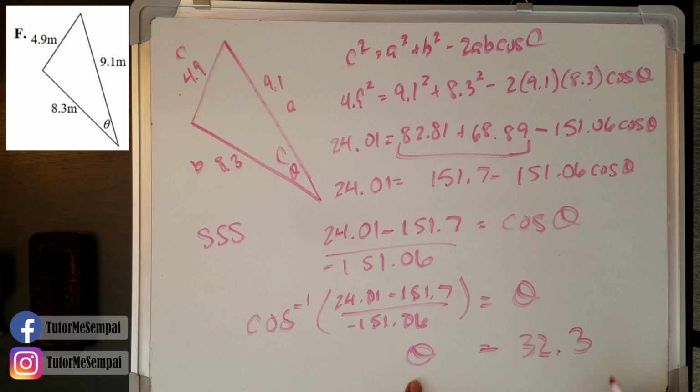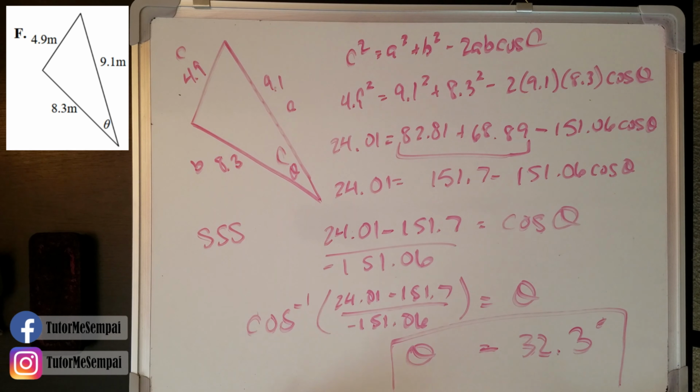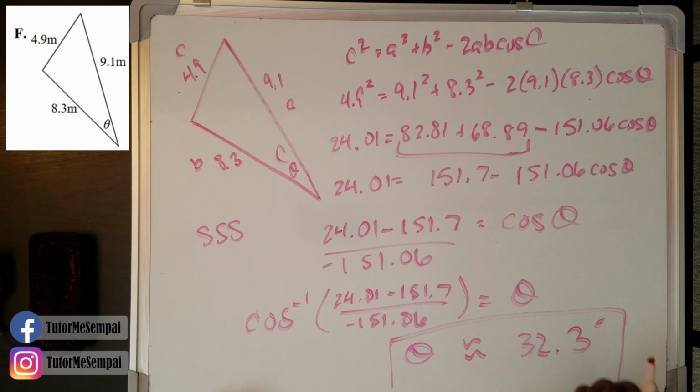And this is degrees, so make sure you have your degrees here. Theta is going to be 32.3 degrees. This is our answer. We rounded it, so technically it's approximately, but for our answer's sake, 32.3 degrees is our missing angle.